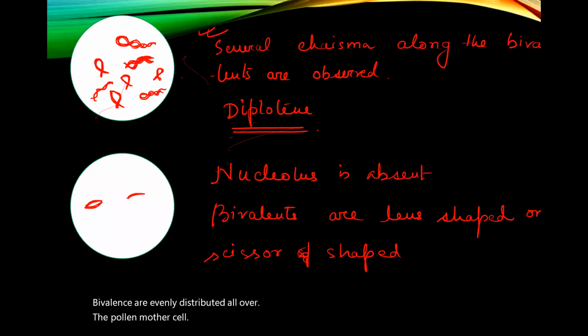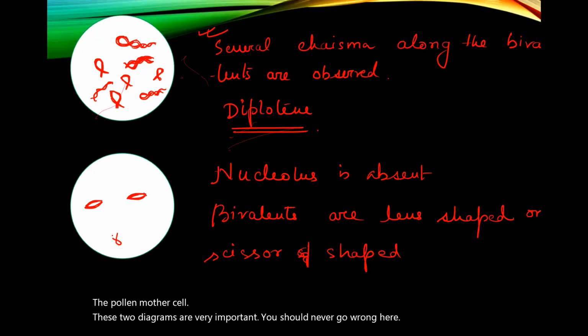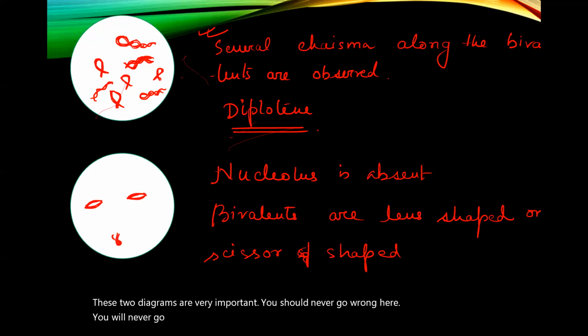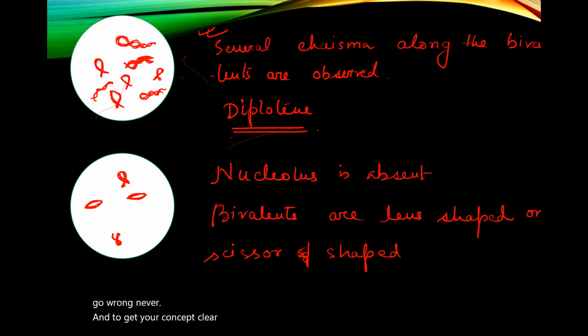These two diagrams are very important. You should never go wrong here. You will never go wrong if you know the concept, what is happening. And to get your concept clear, repeated study is required. One day before the exam won't help.